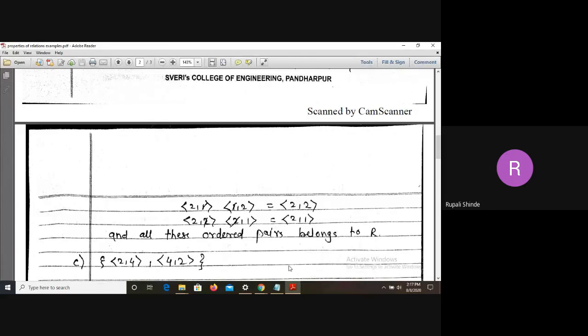No, not transitive. And antisymmetric? Not antisymmetric. Irreflexive? Yes, because there is no reflexive element like (1,1), (2,2). Such elements are not here. That's why this one is irreflexive. Only one property is satisfied.